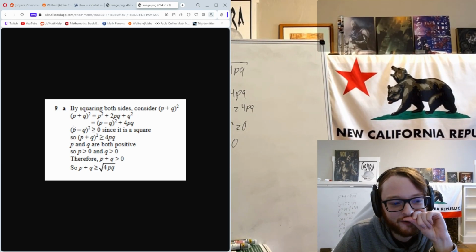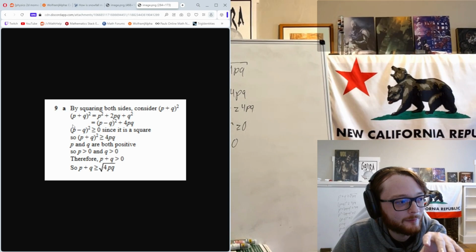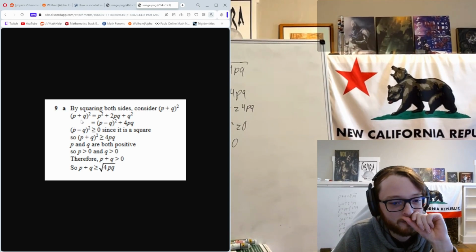So Thunder, before I even try to look back at what I did on the board, I want to make sure that we're on the same page with what happened here with Thunder. Their entire goal with this very first part was to just in any way engineer a 4pq to be involved.